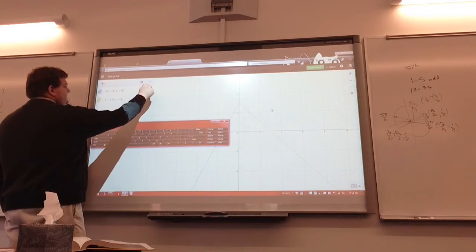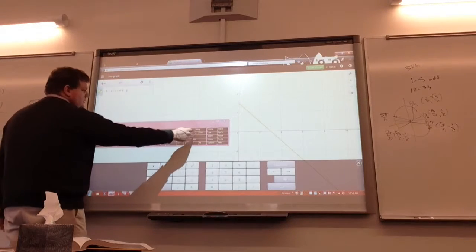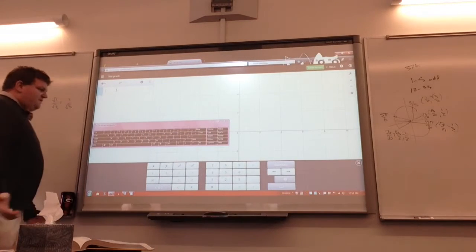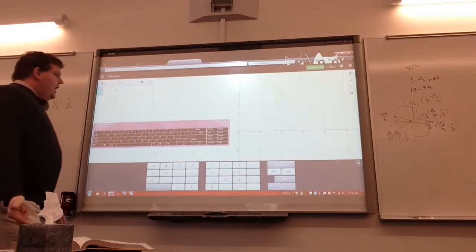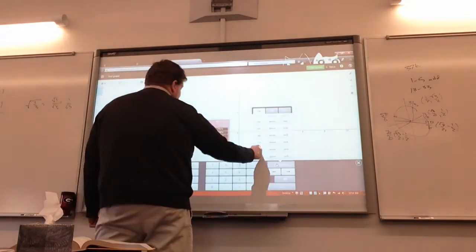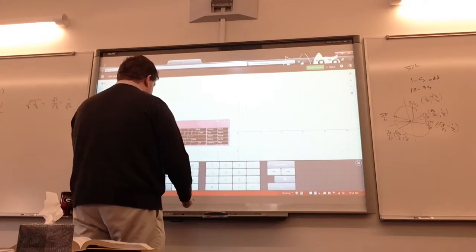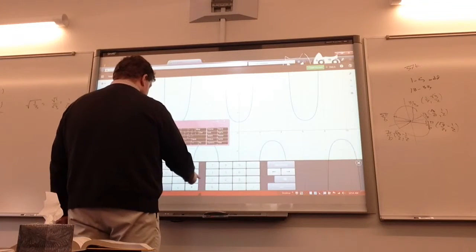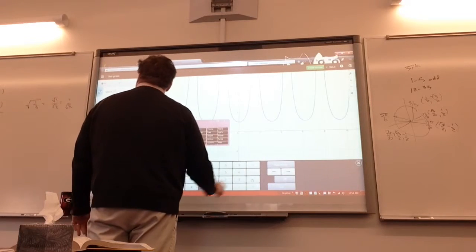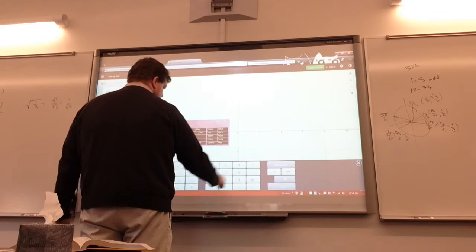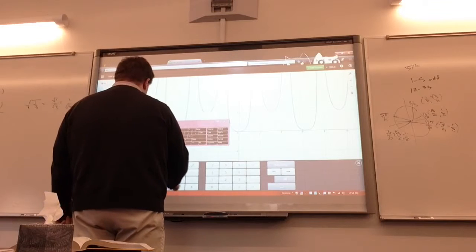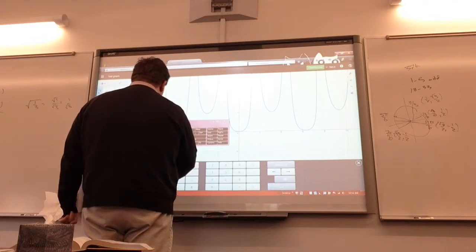In fact, that ends up being the way you want to solve these things if you have no clue how they work. If you graph them, I would come through here and say, the secant of x, close parentheses, squared, minus the secant of x, minus 2.